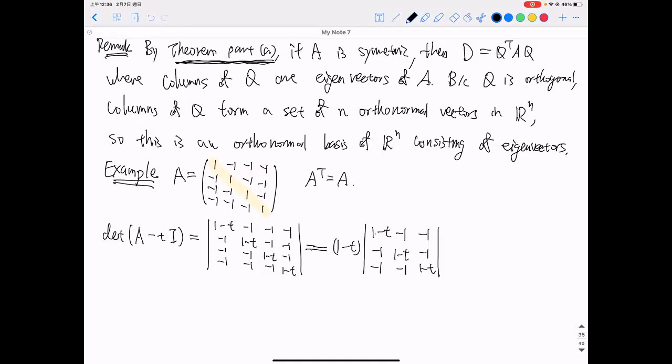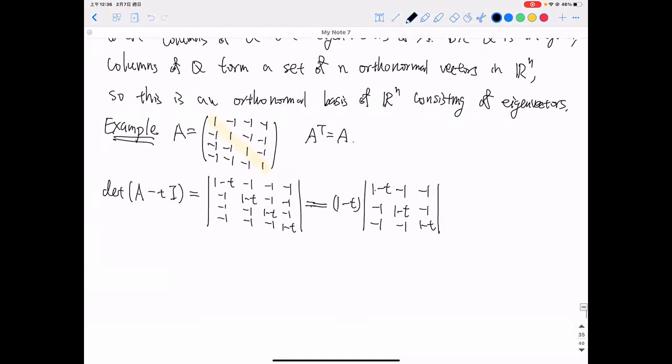Okay, so first, we're expanding along the first column. That's the first thing. And minus 1, minus 1, minus 1, minus 1, 1 minus t, minus 1, minus 1, minus 1, 1 minus t.